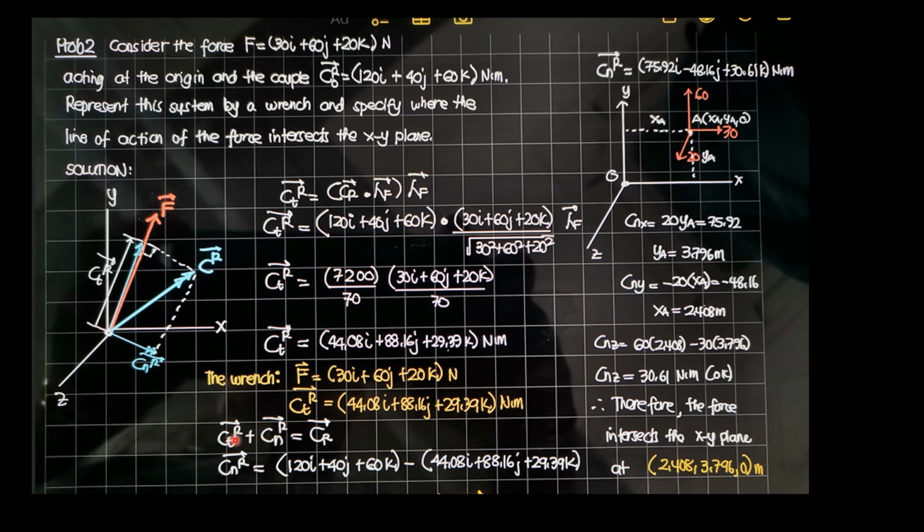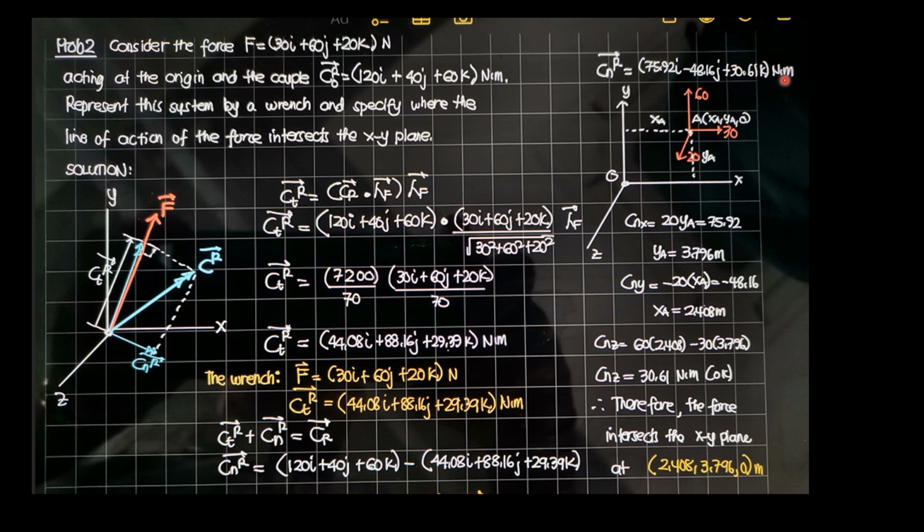So applying C_TR vector plus C_NR vector equals C_R, we can compute C_NR. C_NR therefore equals C_R minus C_TR. So simplifying, C_NR is 75.92i, then minus 48.16j plus 30.16k newton meters.